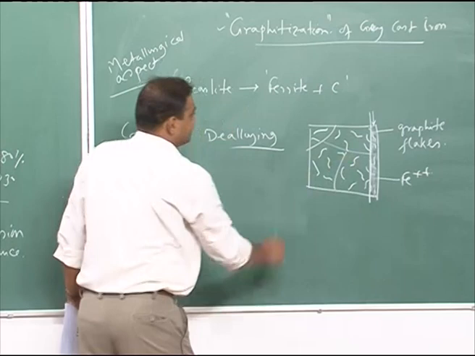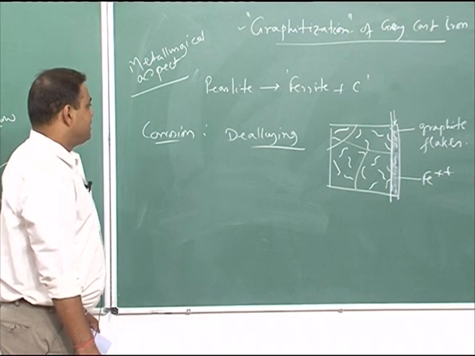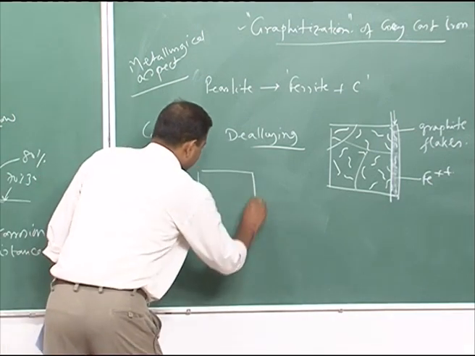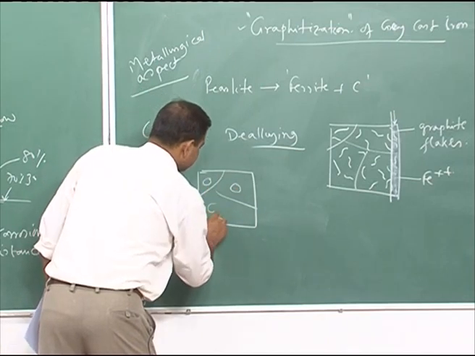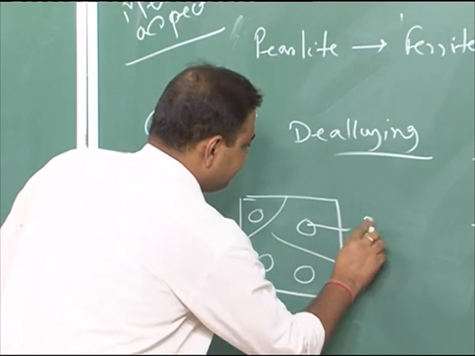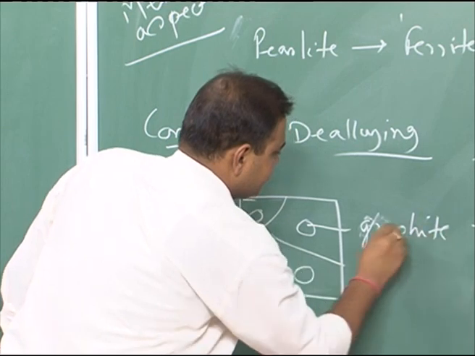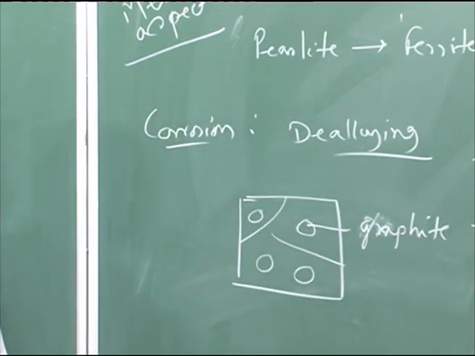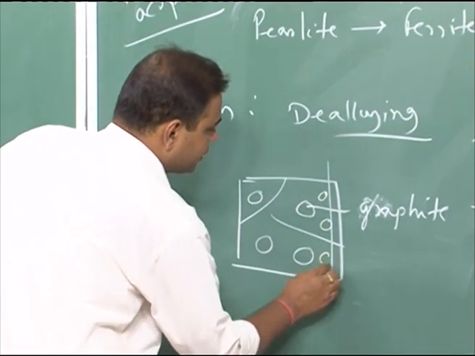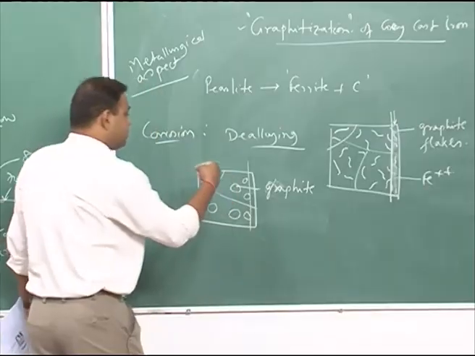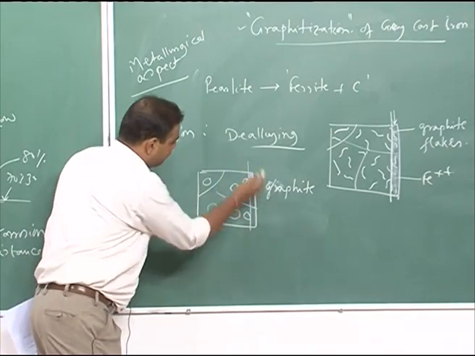Now, this happens in case of grey cast iron because graphite flakes form, but it cannot happen in case of nodular cast iron. These are the nodules of graphite. In this case the nodules are no longer able to form a network, so the entire residue will fall off.